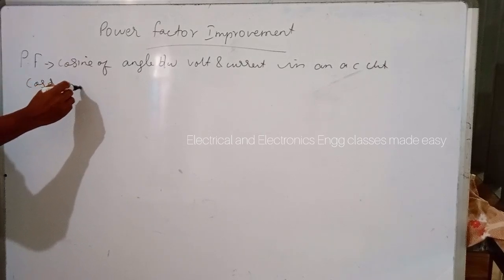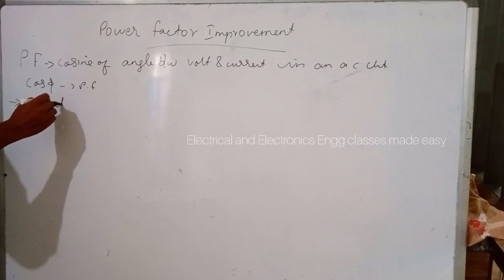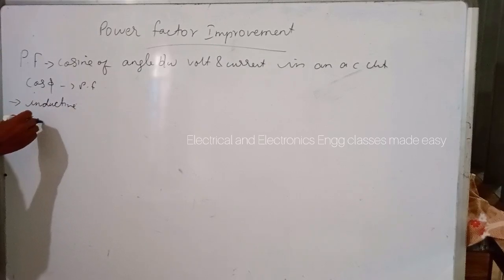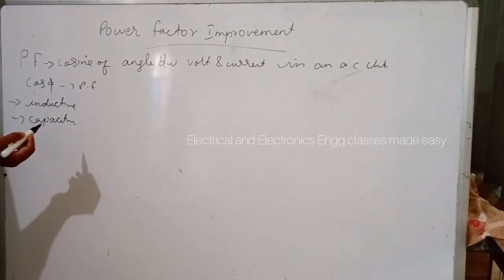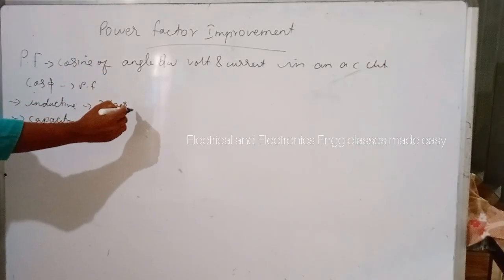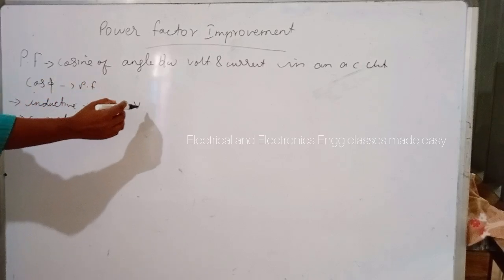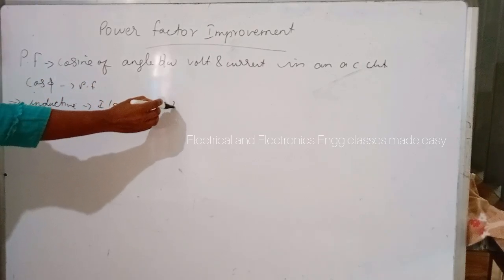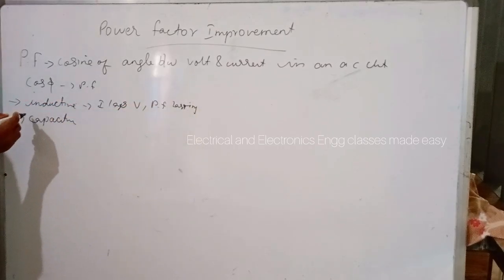Power factor is cos phi, and the AC circuit may be inductive or capacitive. So what is an inductive AC circuit? If the current lags behind the voltage, the power factor is referred to as lagging, and that is called an inductive circuit.